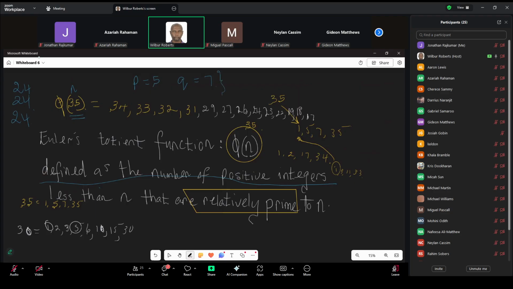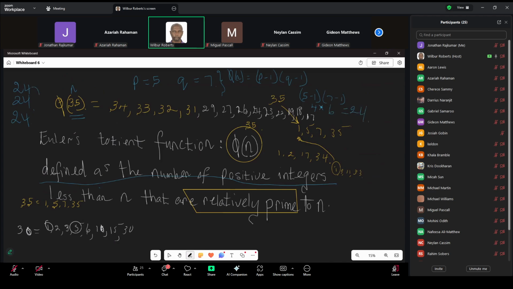then psi n is equal to P minus 1 into Q minus 1. And here we get 5 minus 1 into 7 minus 1, which is 4 multiplied by 6, which is 24.